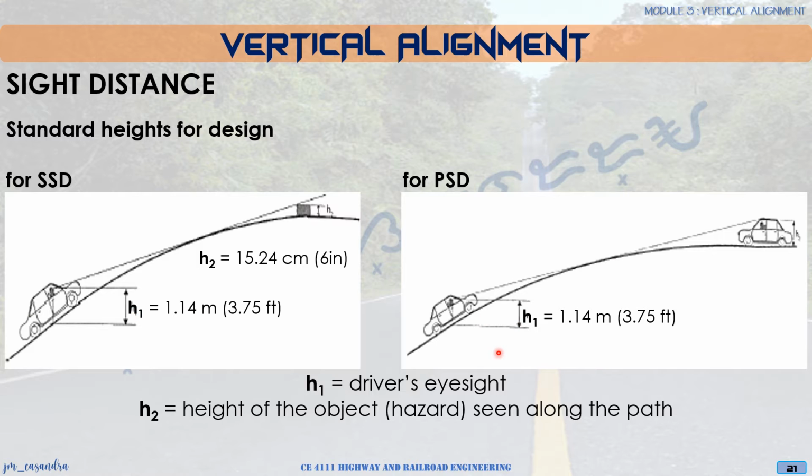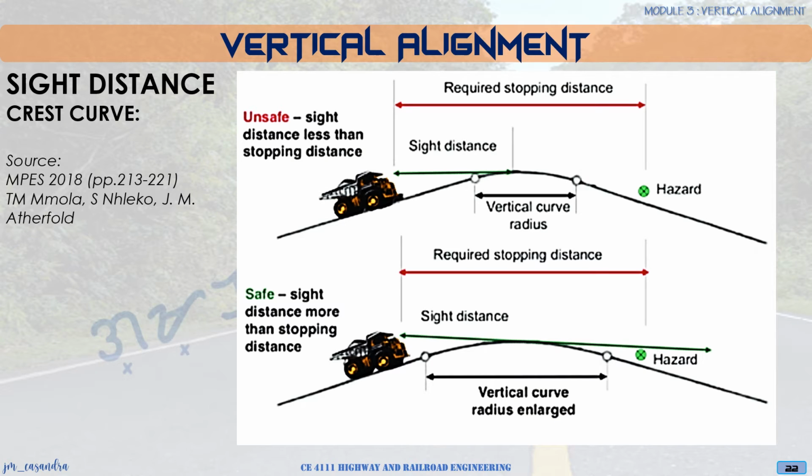And then for h2, that is now equal to 1.37 meters or 4.5 feet. So we assume that the height of the other vehicle is larger than the approaching vehicle. So an application of your sight distance would be on mining tracks.